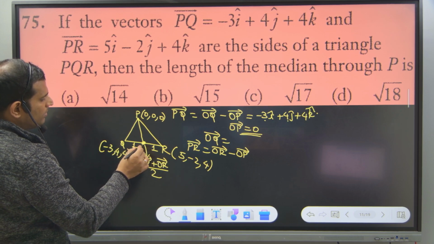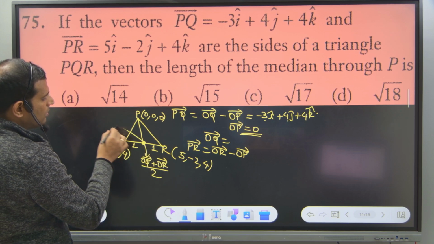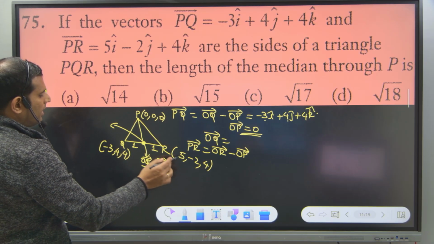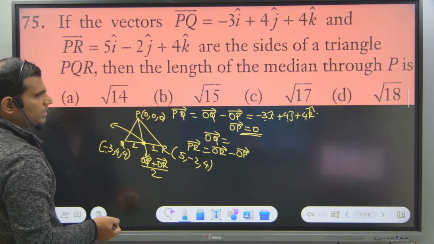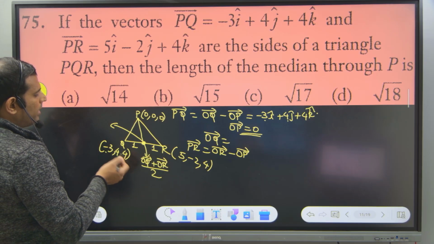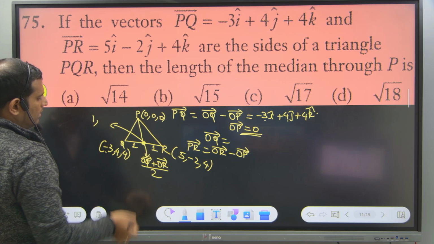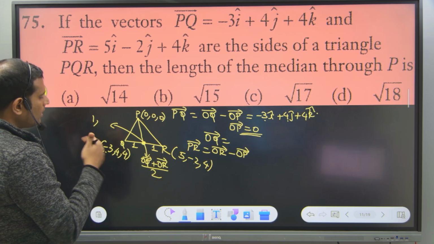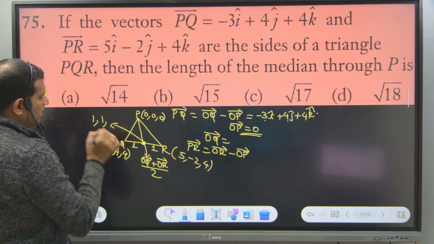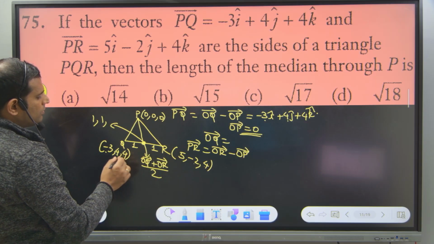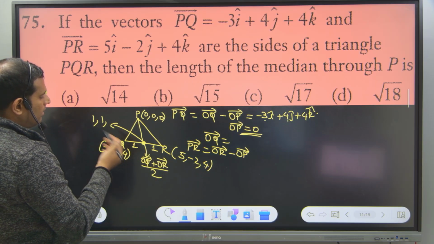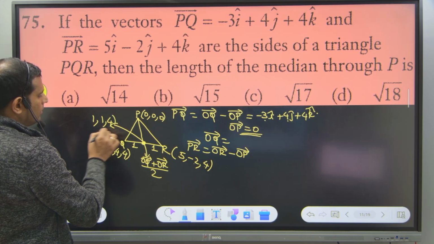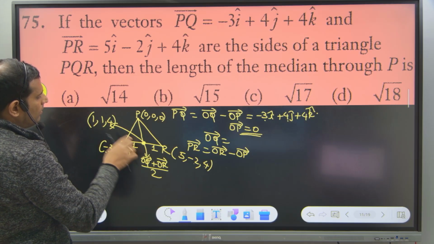Tell me what will be this coordinate. 5 minus 3, how much? 2. 2 by 2, 1. Then minus 2 plus 4, 2, 2 by 2, 1. Then 4 plus 4 divided by 2, 4. So this coordinate is 1, 1, 4.